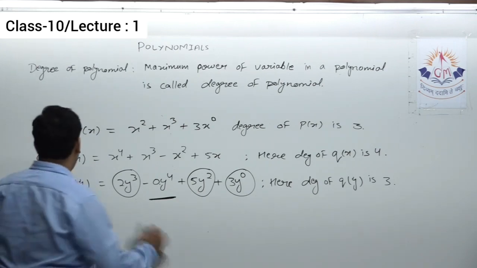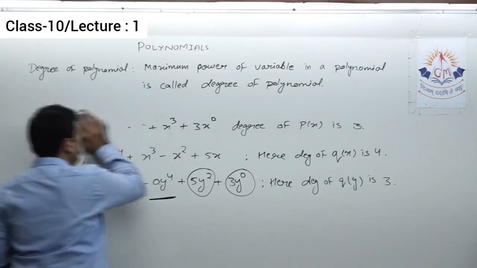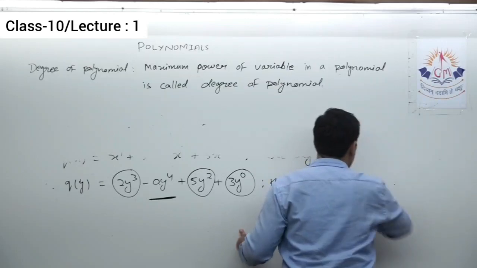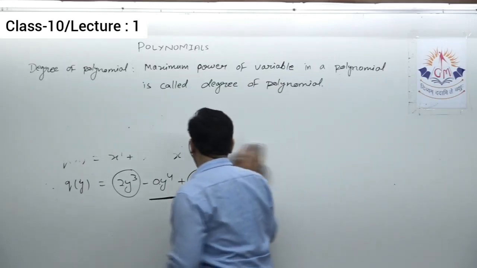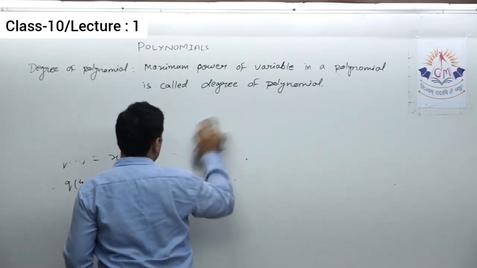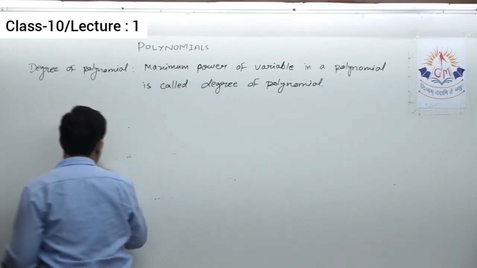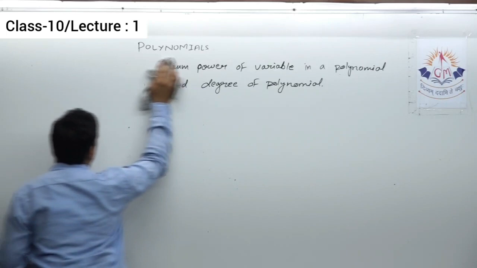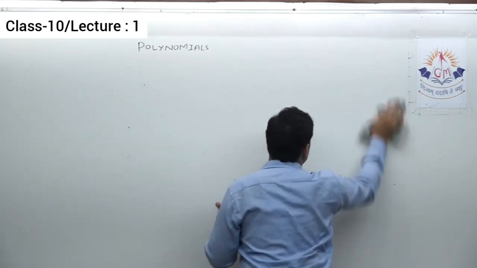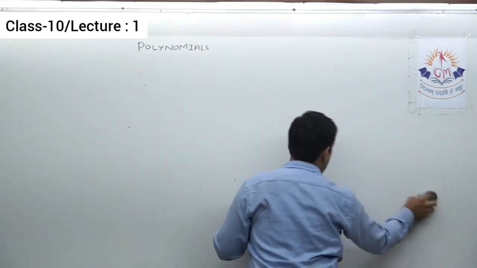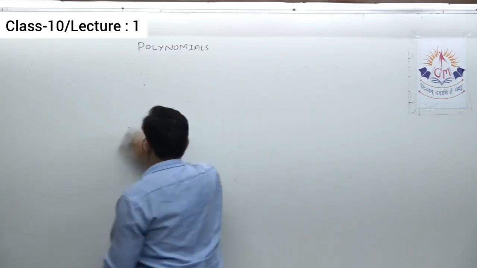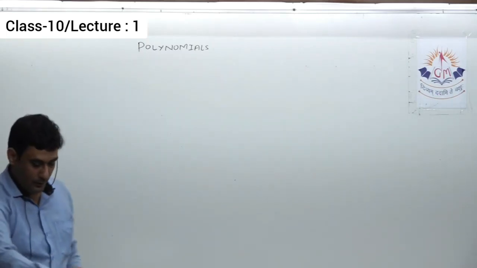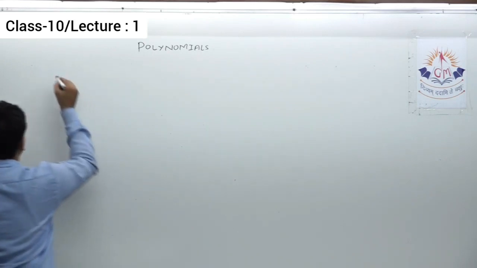Okay, so after this degree of polynomial, now next we'll come to the classification of the polynomial. How many types of polynomial are there, that we will see in this subtopic, that is classification of polynomials.